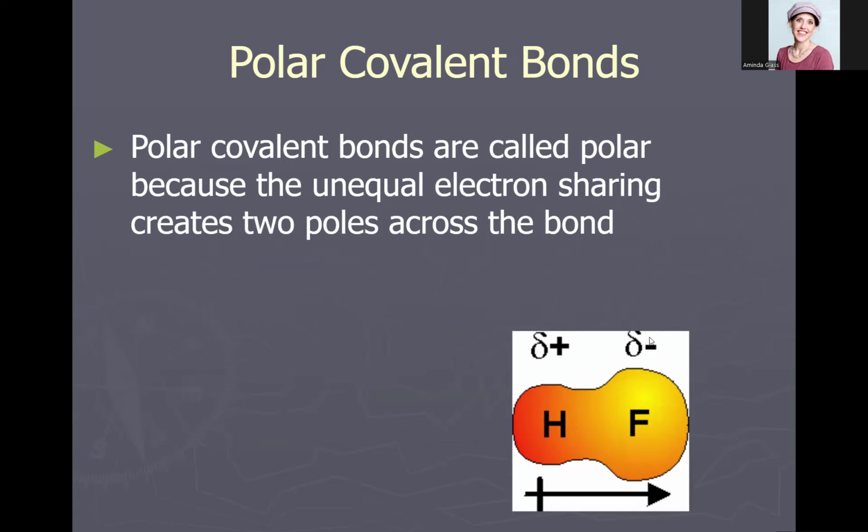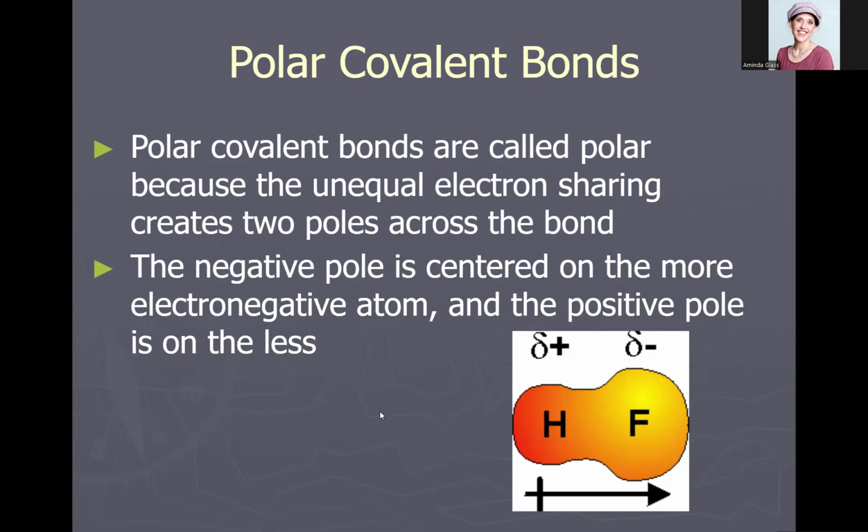And that gives it the negative pole of the bond, whereas the hydrogen is left with its proton right here, and it's not as close, so it just has that positive pole over it. Because the electrons aren't shared equally, they're held more closely by the fluorine.